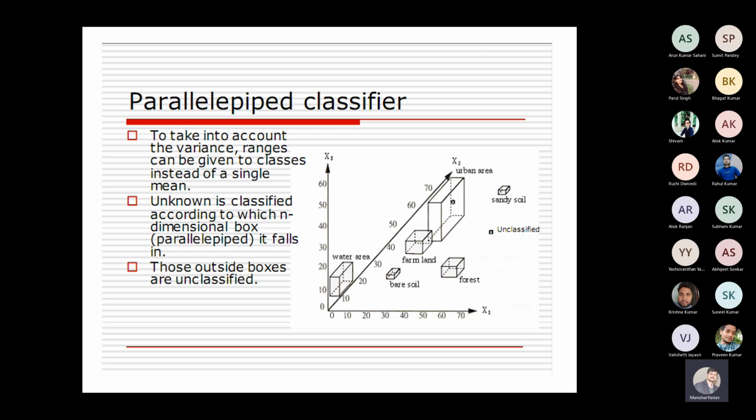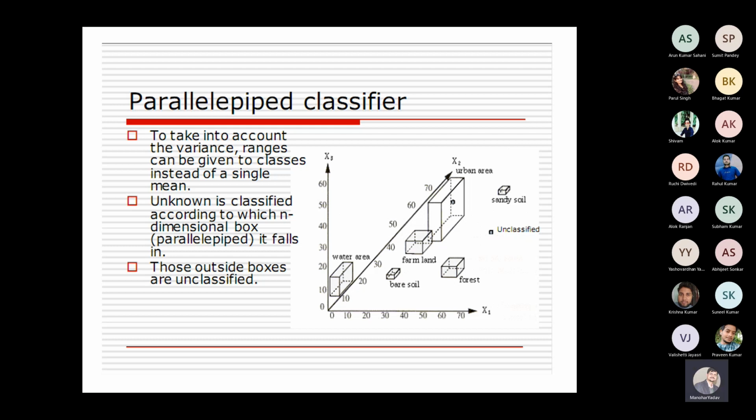Parallelopiped corresponding to training samples of the urban area. It means within that parallelopiped, all the training samples collected from the urban area are concentrated, are confined. And the parallelopiped is measured on the basis of the min DN and max DN in all three spectral bands.